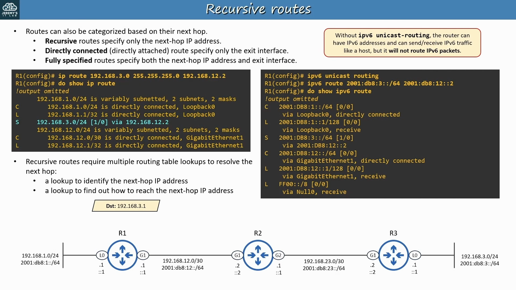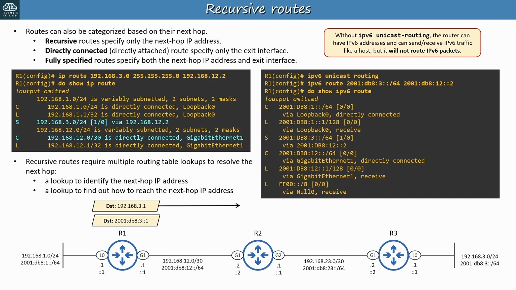It learns that the next hop is 192.168.12.2. So it then performs a second lookup for 12.2 and finds that it matches the connected route for 12.0/30, which is connected to the G1 interface. Now it can use ARP to learn the next hop MAC address and then forward the packet.